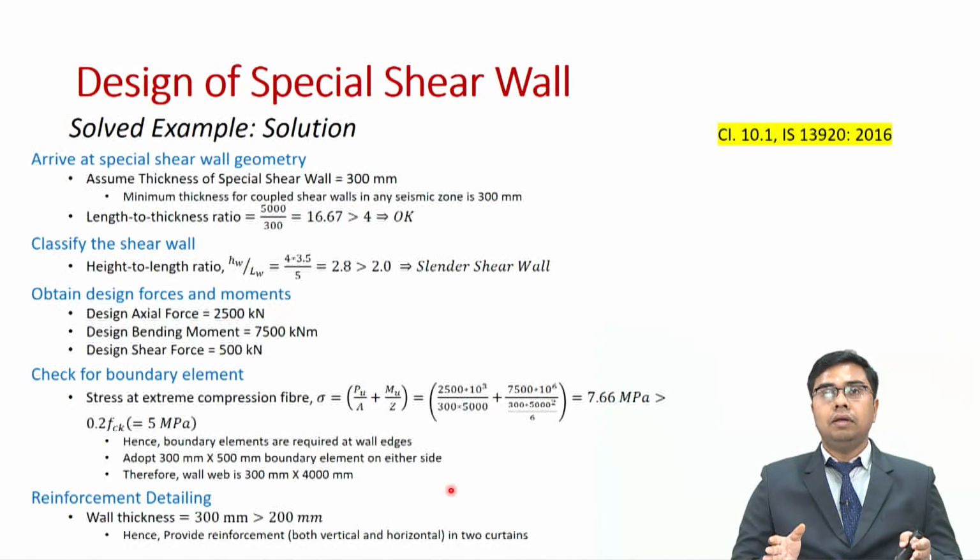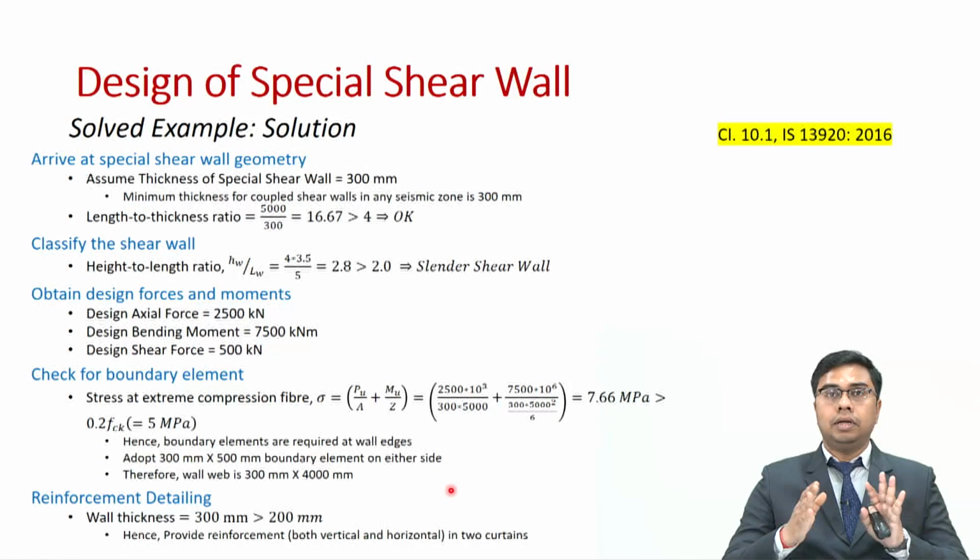So, the remaining wall web is now actually 300 mm by 4 meters. Since the total wall length was 5 meters, now the wall web is actually 4 meters in length. Then, since we have assumed the wall thickness to be 300 millimeters, which is more than 200 millimeters, we need to provide reinforcement in 2 curtains.